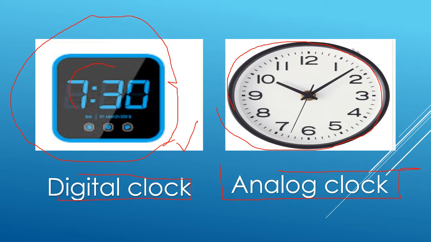It means it shows the time numerically. But when analog clock is concerned, we have to depend on these three hands. We have to depend on the position of these three hands. So first of all, we need to know all these three hands.